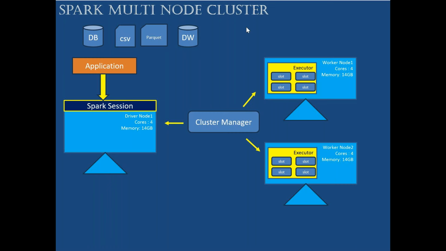Now the driver takes this application code and tries to figure out what code has been written and what we want it to do. So the driver will understand what we want to do with that particular data. See, for example, if I want to say something to somebody, I tell them in some language. Similarly, I want to do something on this data, so I tell the driver in some language.